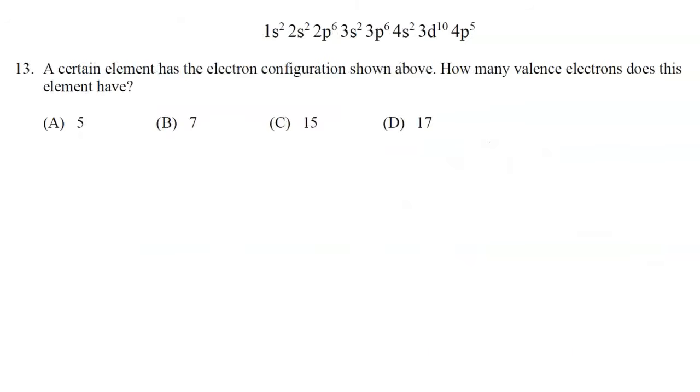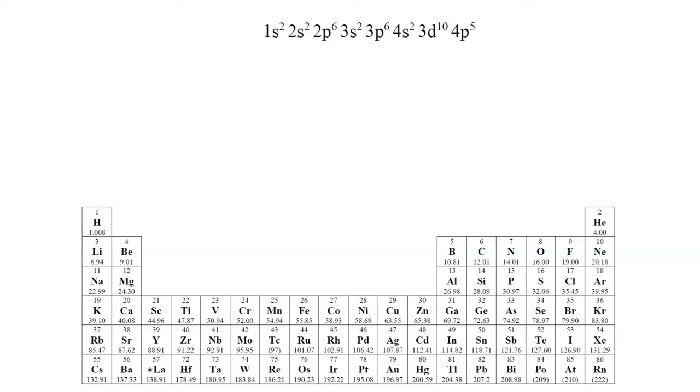Now, let's go back and take a look at question 13 of this practice test. I can draw a circle or highlight 4s2 and 4p5. Again, this is the element bromine, and so that makes choice B, 7, the correct answer. But here is another way that you could have determined the answer to this question.